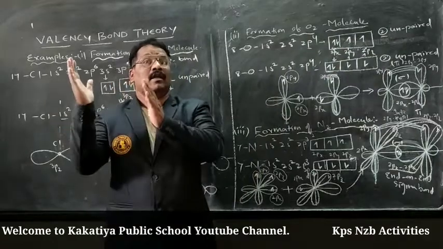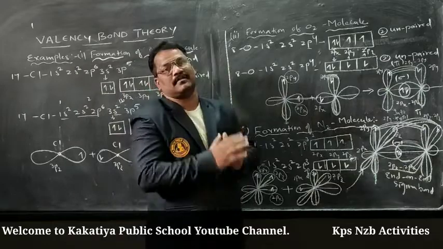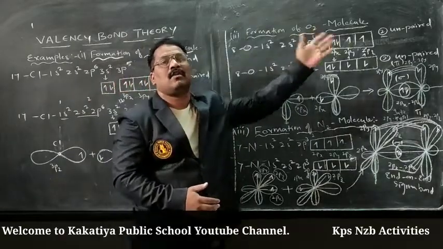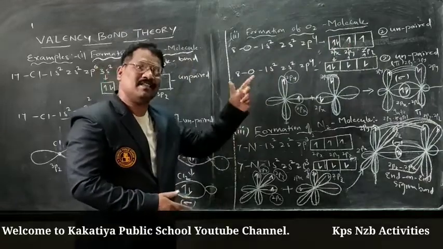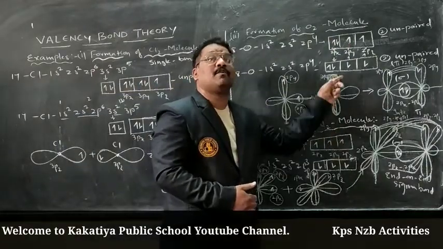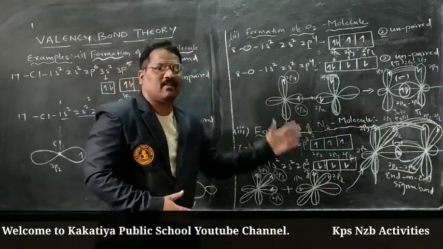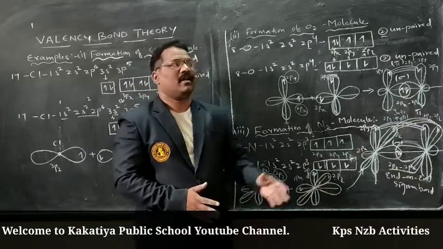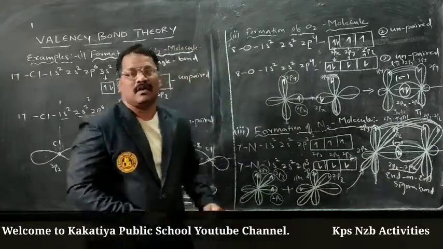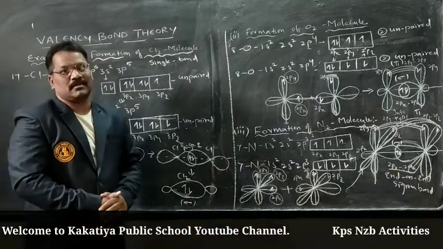Already we have studied oxygen molecule formation based upon Lewis dot structure, but using valency bond theory, how will this oxygen molecule form? They may ask that also. And formation of the nitrogen molecule based upon valency bond theory also. These questions on the oxygen molecule and nitrogen molecule can be given for 4 marks. The chlorine molecule is for 2 marks.